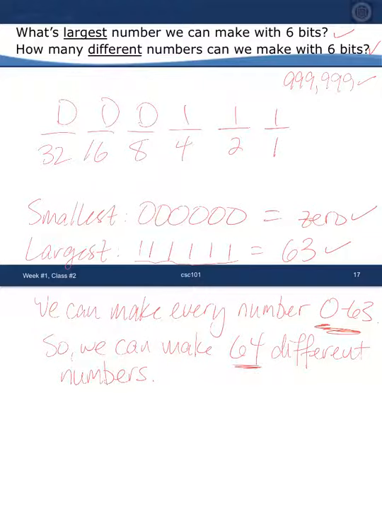So what's unique about 64? With 6 bits I could do all the place values 1, 2, 4, 8, 16, 32. Well, what would the next place value have been if I went to the next one? With 6 bits, 1, 2, 3, 4, 5, 6, I stopped at 32.